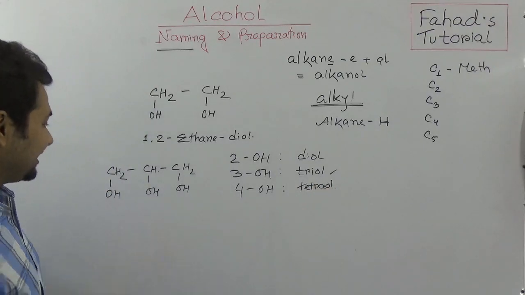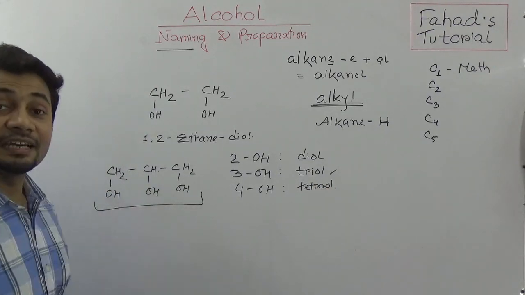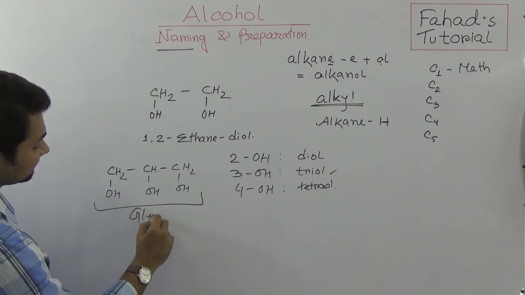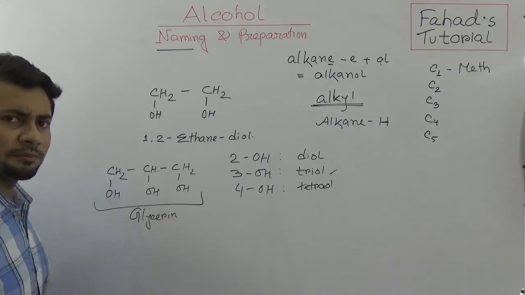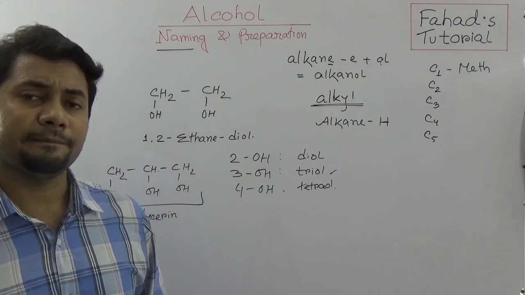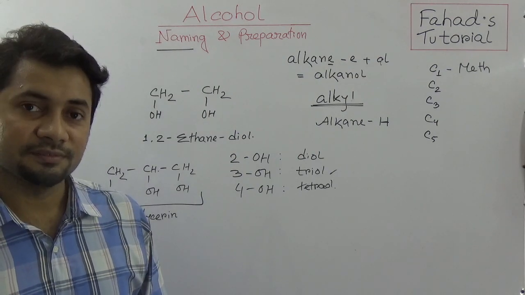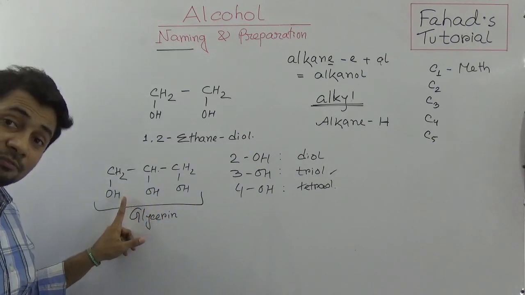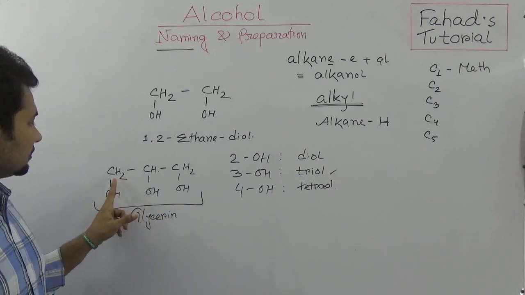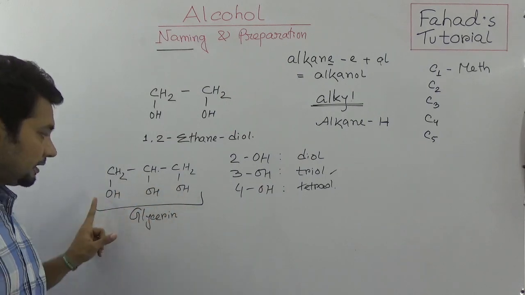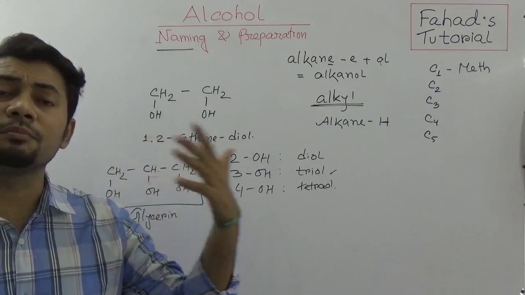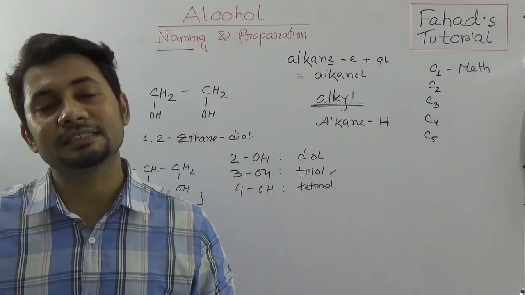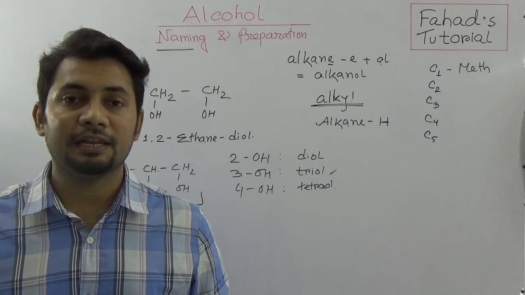But the chemical name of this compound is glycerin, which is produced when we study saponification, the production of soap, where glycerin is another product. So there are 3 hydroxyls. If there is more than 1 hydroxyl present in an alcohol compound, then this is polyhydric alcohol.